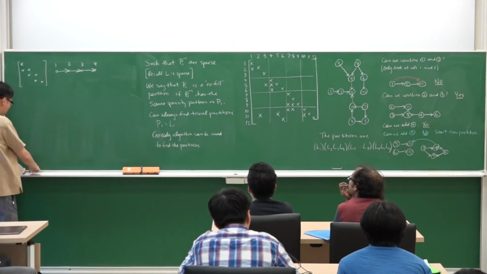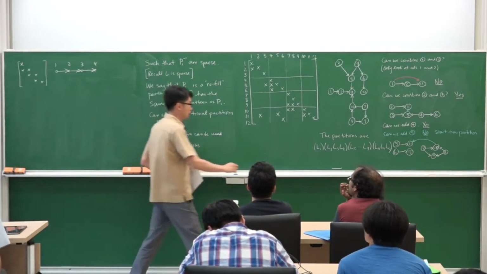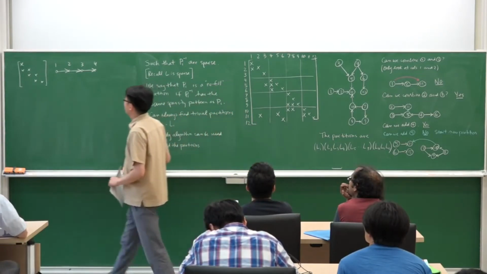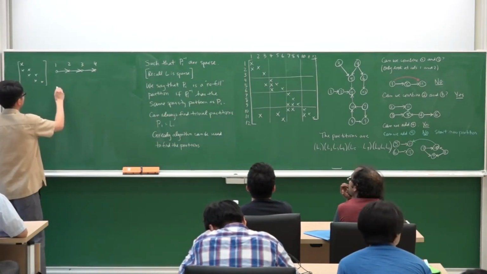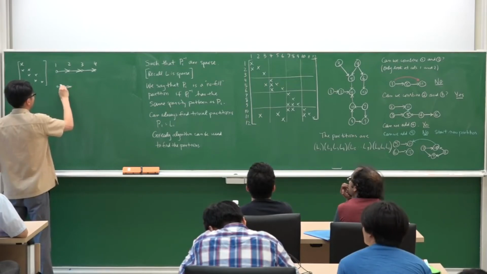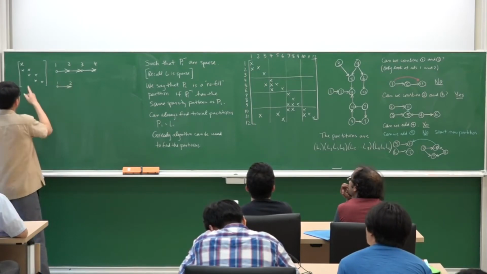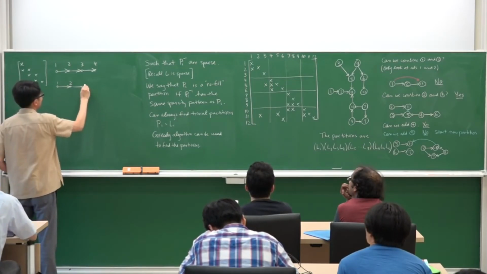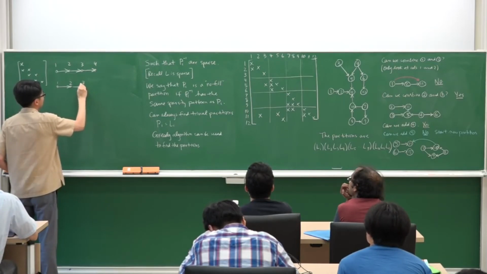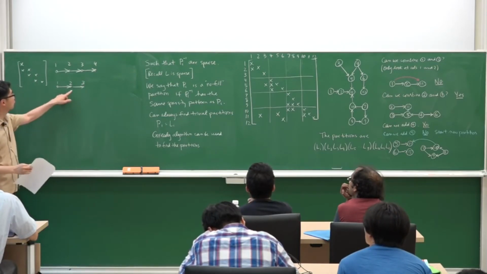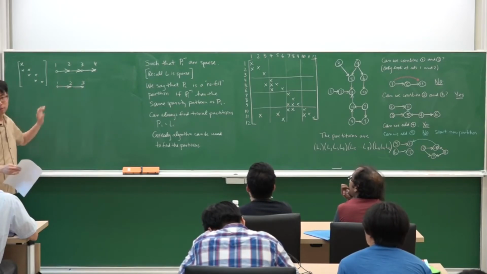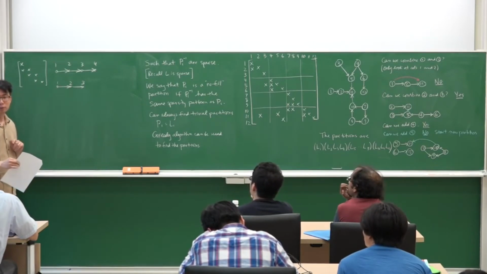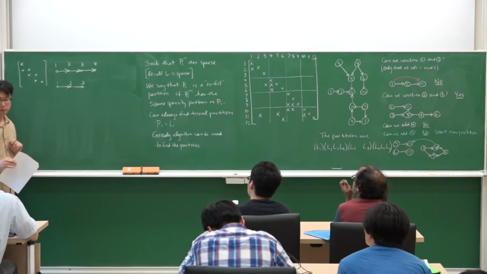So what is the graph of 1 and 2? So we have 1 pointing to 2, and 2 points to 3, right? But there's no 1 to 3, so that would be fill-in. So we cannot combine 1 and 2. Okay.